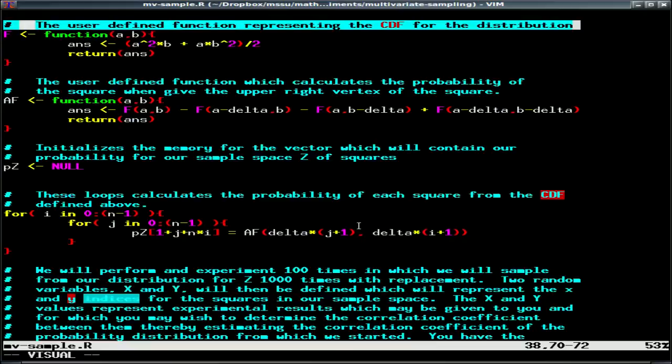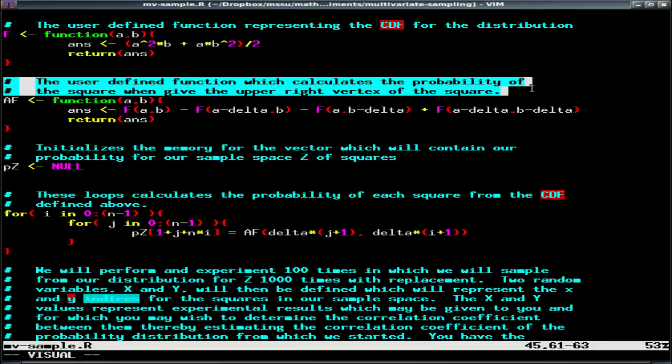Now what this function AF stands for, A really for area, so the area of the cumulative distribution function F. Probably from a previous video on multivariate distributions, you might recognize what this looks like.